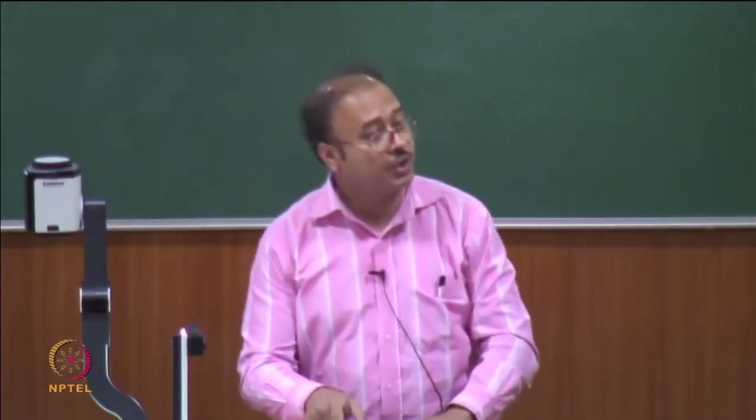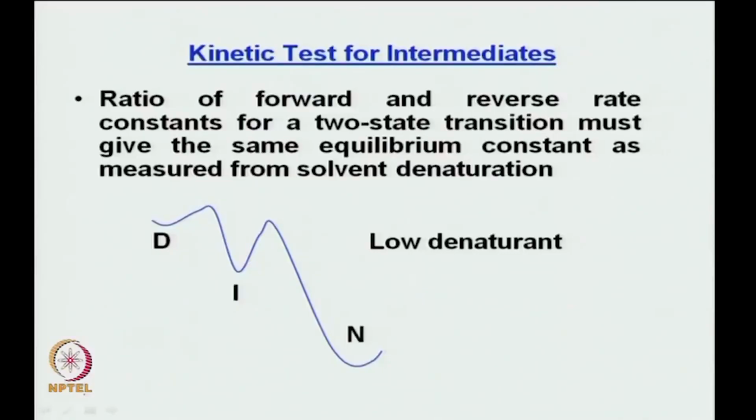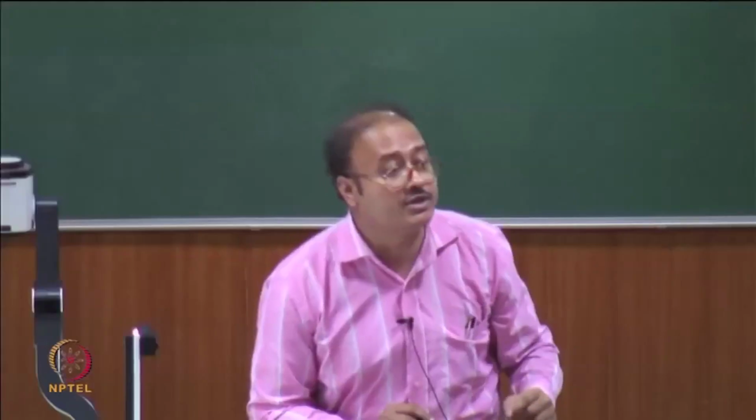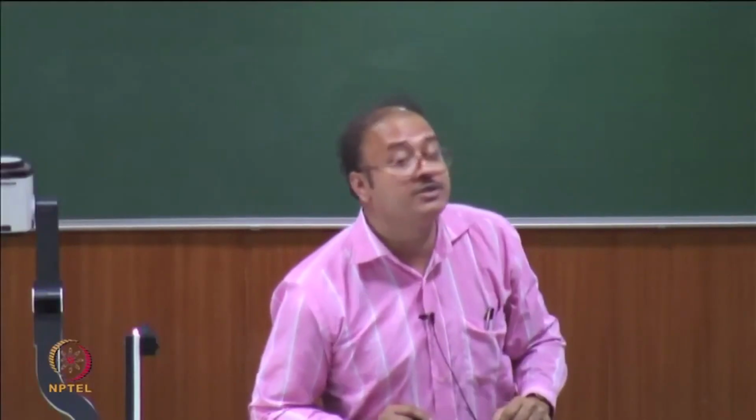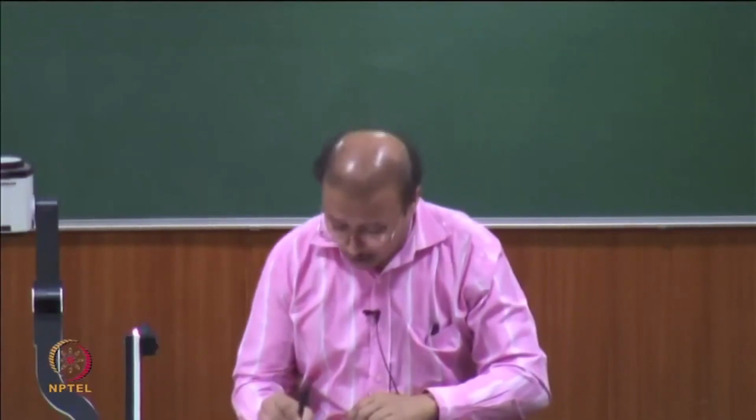But then you see, what is the problem here? What would be the rate limiting step in this case? In this case, the rate limiting step would not be D to N. The rate limiting step would be I to N, exactly.